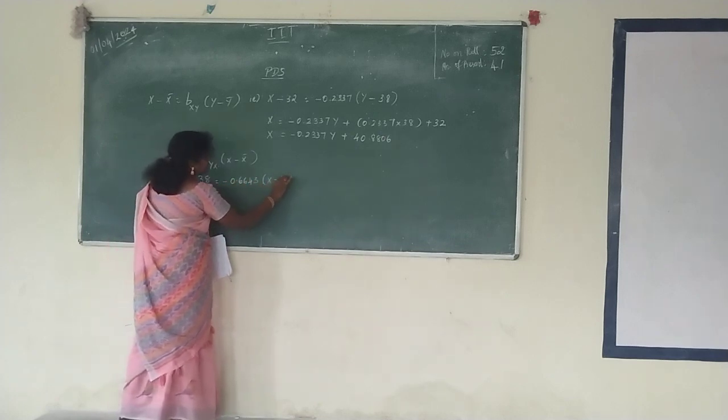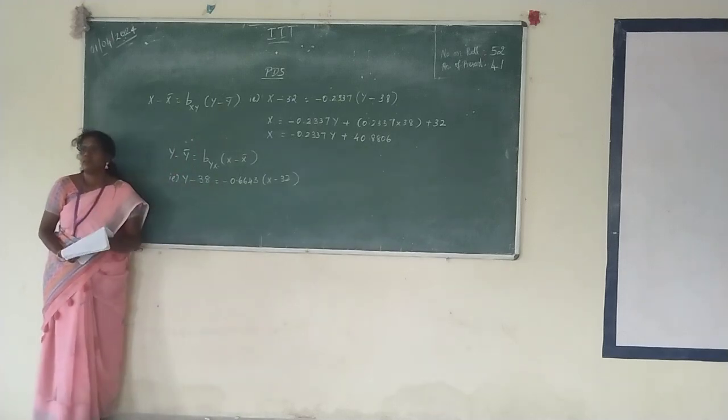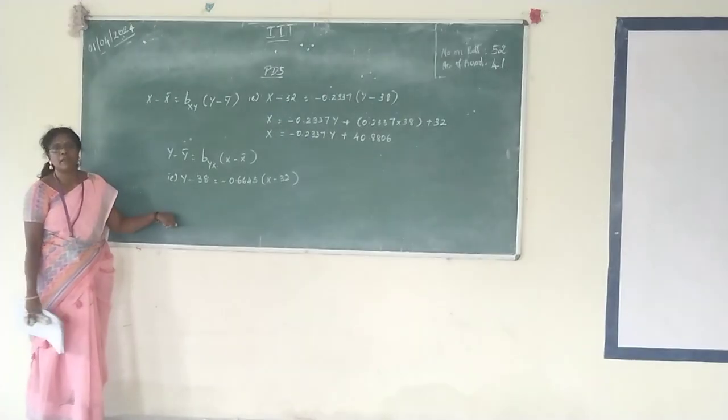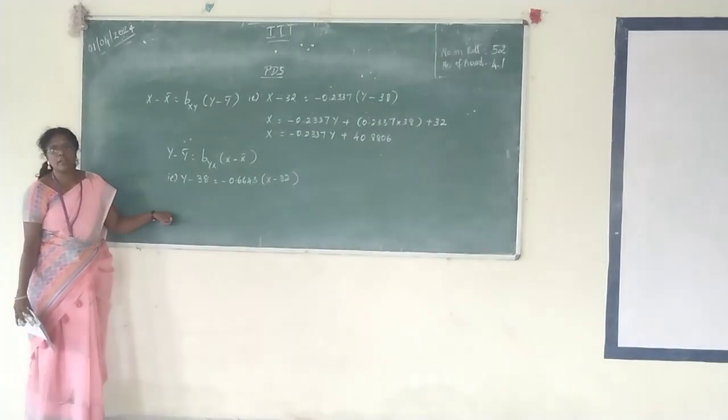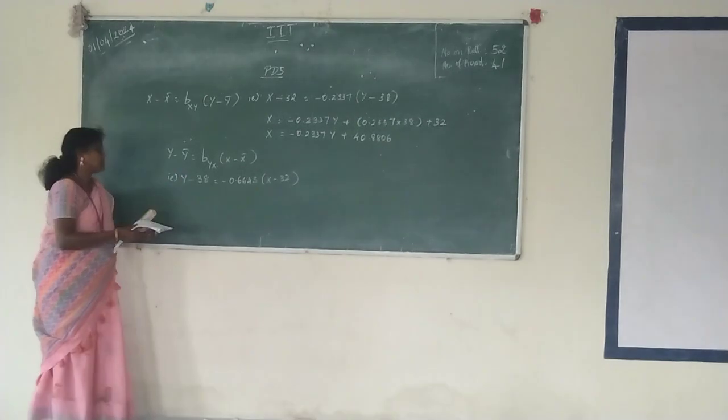Into x minus 32. So this is y on x now. From this one, which do you have to find? Y. Y on x, which you have to find? Y. Bring the constant to the other side.